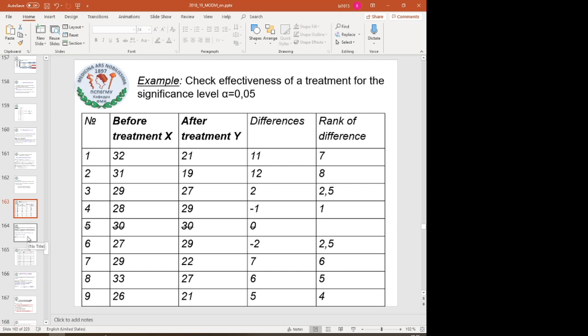But in parametrical criterion, if you remember, then experimental value is accumulation of differences. So the idea of criterion statistics are different.